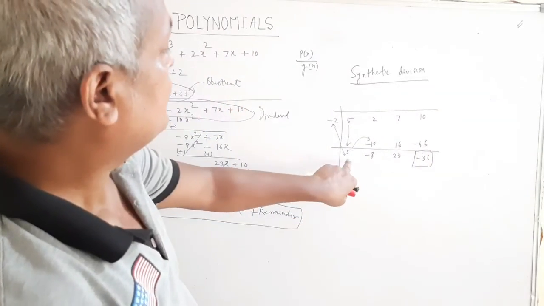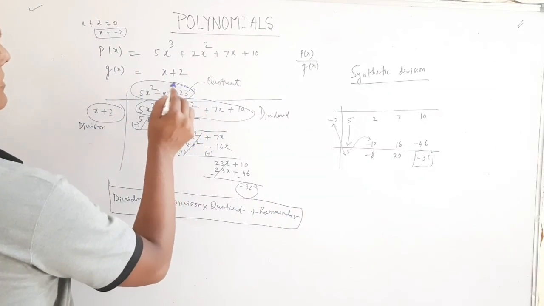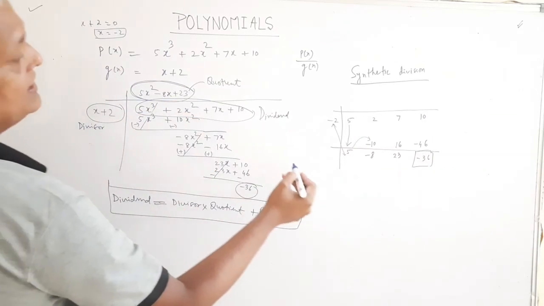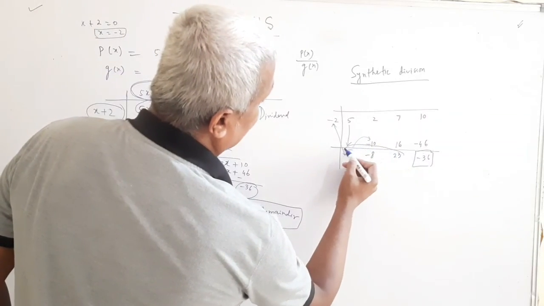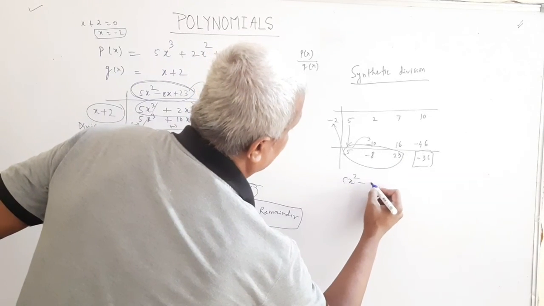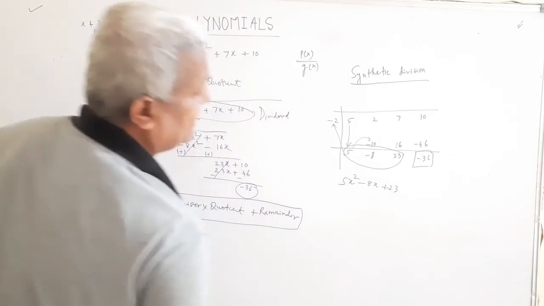It means this 5, minus 8, 23, these three terms will form your quotient. So what is it? 5x square minus 8x plus 23.